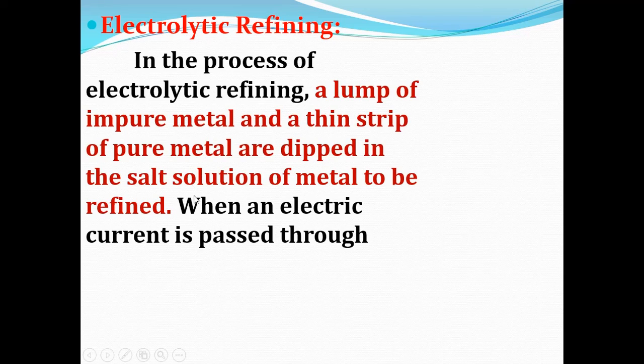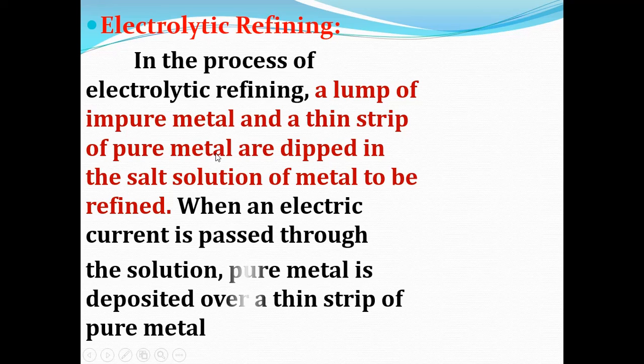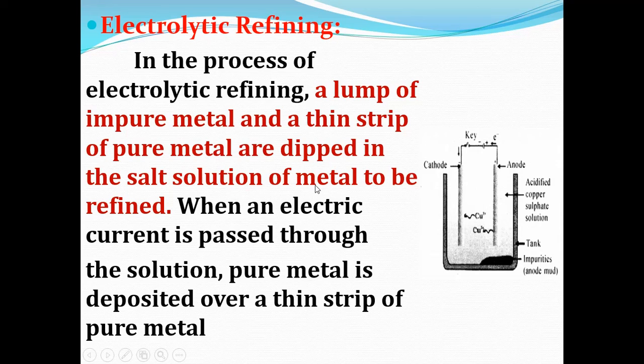In this process, a lump, which means a collection or a group, of impure metal and a thin strip of pure metal are dipped in a salt solution of the metal to be refined. So we have to take the salt solution of the metal which has to be refined, and then there are two electrodes, cathode and anode.